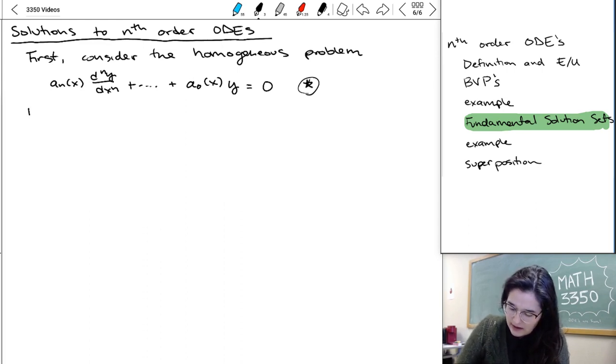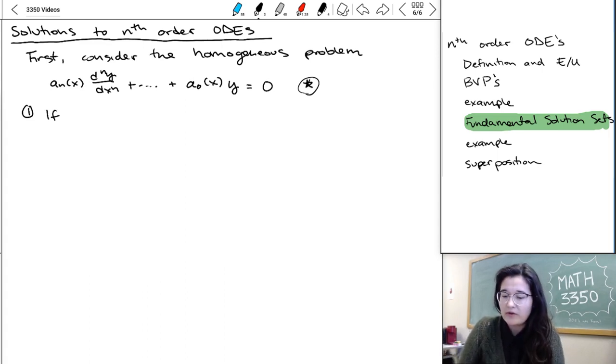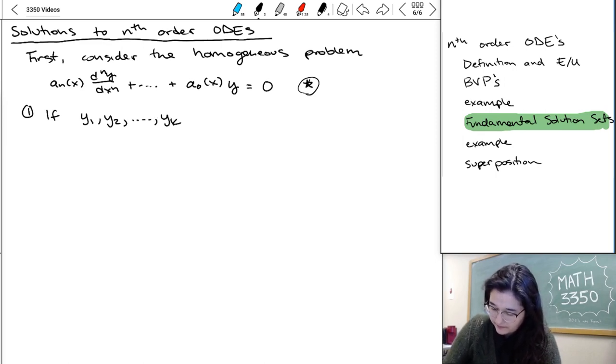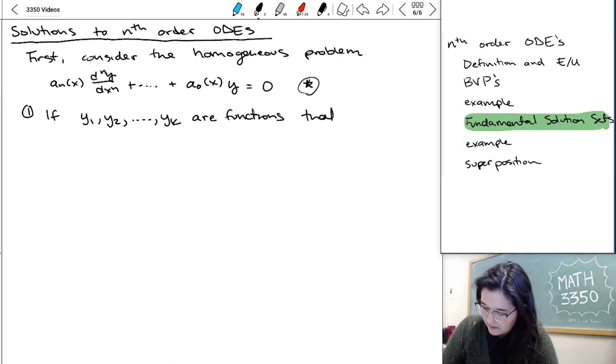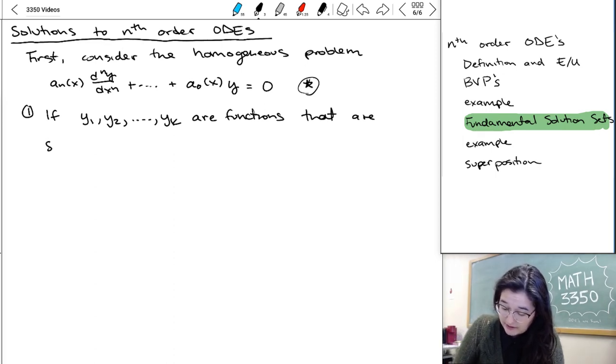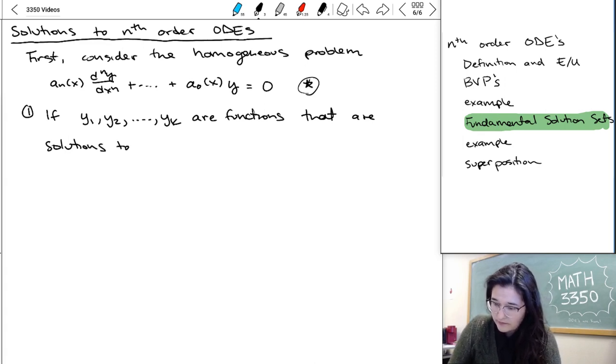And in this special case where g is 0, we're going to know that we have a solution to the differential equation if we meet a few conditions. So first we need to find some functions y1, y2, and yk that are also solutions to the ODE.